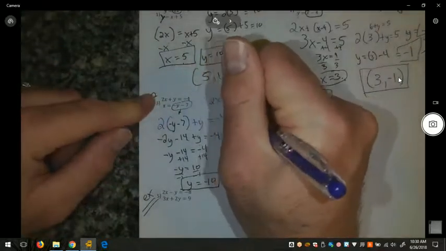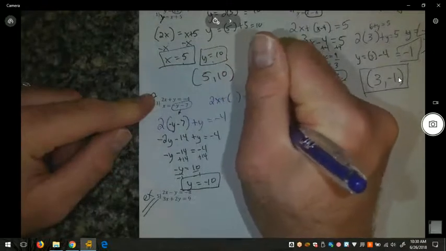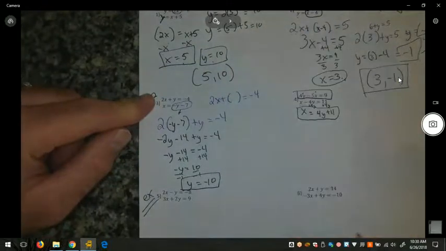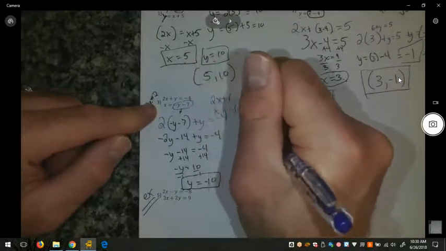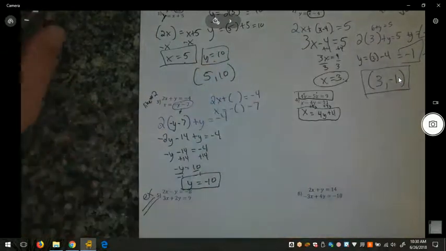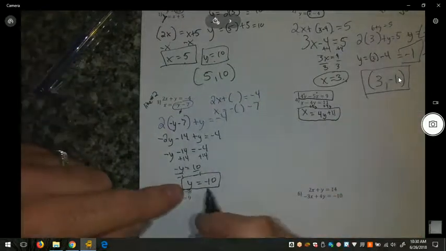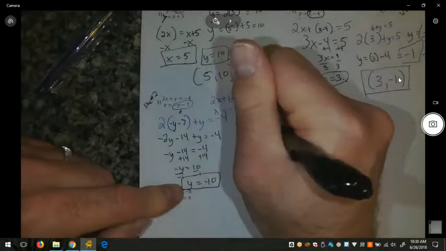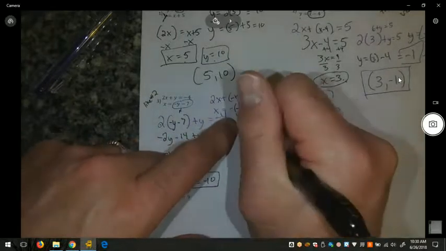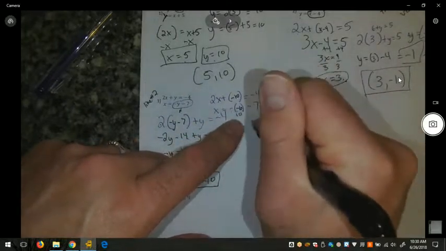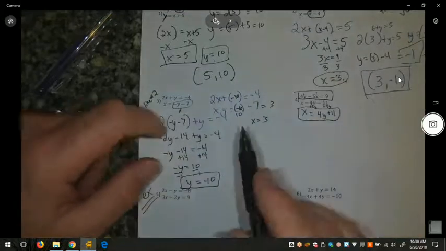In the top, I have 2x plus y, I use parentheses for y, equals -4. In the bottom, I have x equals the opposite of y, -7. For y, I'm substituting in, or plugging in, -10. Here I have the opposite of -10, which is 10, minus 7, is 3, so I get x equals 3.